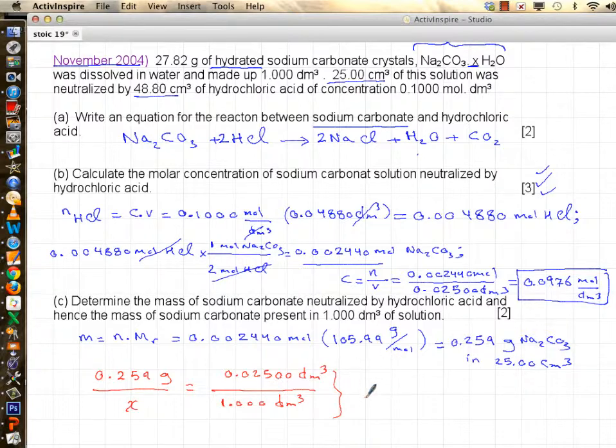And that will be your actual answer for the amount that you have in 1 decimeter cube, which is 10.36 grams of Na2CO3. Okay, now we have this number. We go to the next page, so it continues. Let's just see what's the next question.